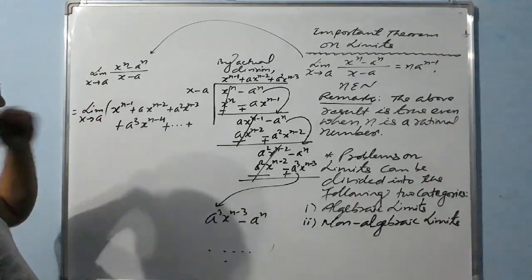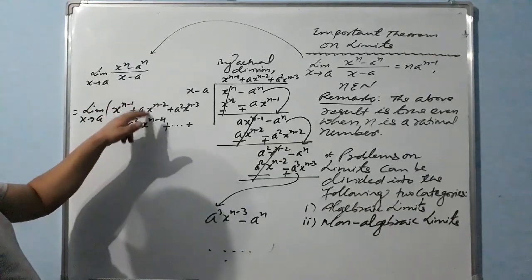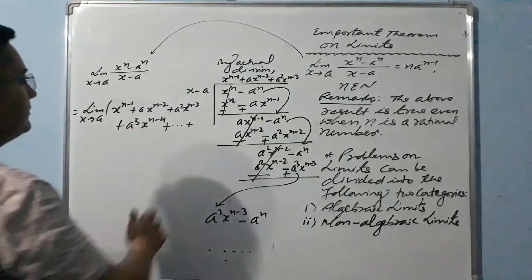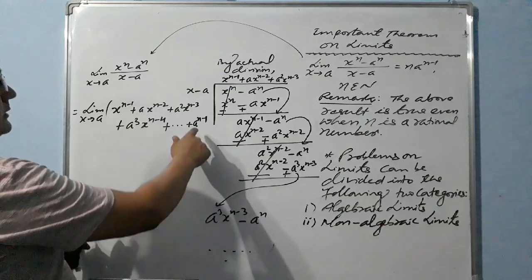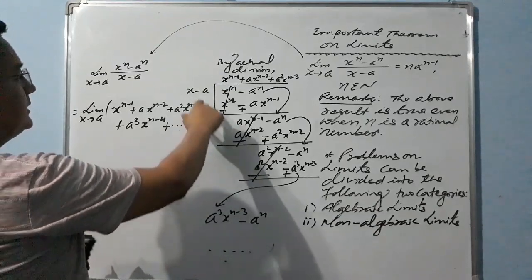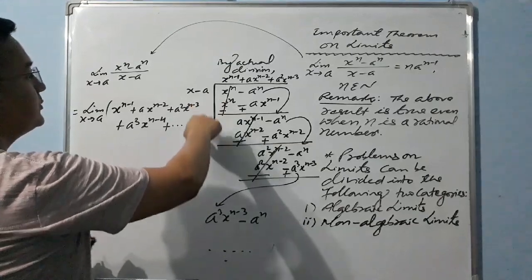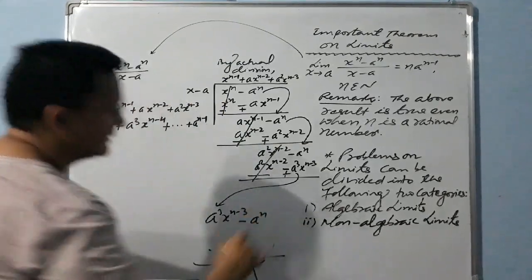The power of a is 0 in the first term, 1 in the second term, 2 in the third term, and for the nth term we will have a raised to power n minus 1. And if you multiply a raised to power n minus 1 into this and into this last one, what you get is a raised to power n, so it will be cancelled out.